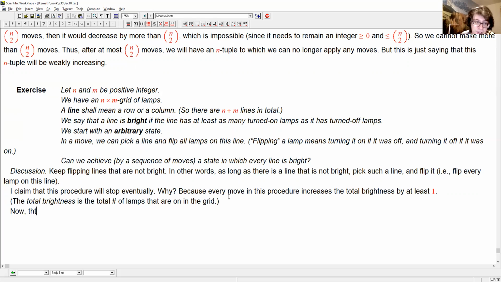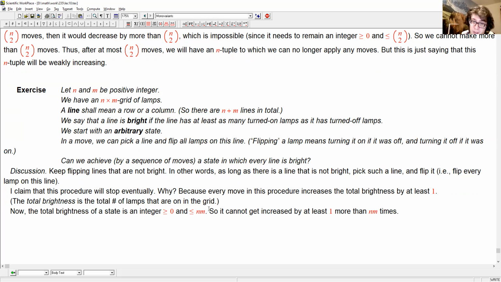Now, the total brightness of a state is an integer between 0 and nm, because nm is how many lamps we have in total. We cannot have more lamps turned on than we have lamps to begin with. So it cannot get increased by at least 1 more than nm times.